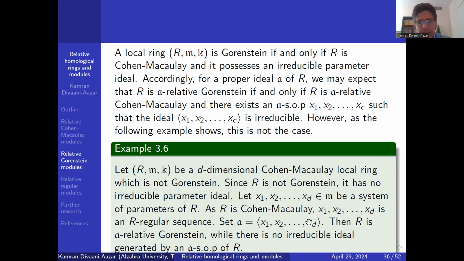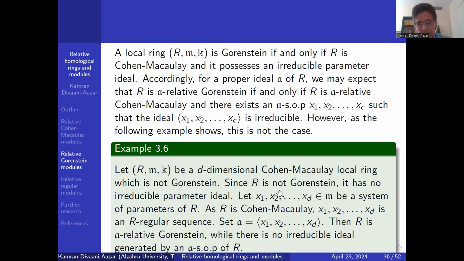But this cannot be irreducible, because it is easy to see that any A-relative system of parameters is also an ordinary system of parameters.